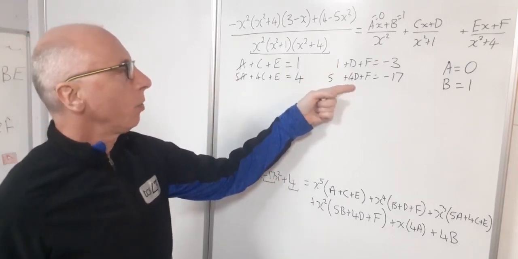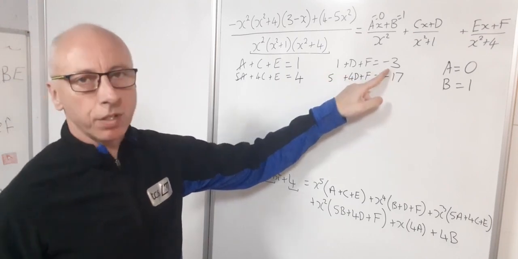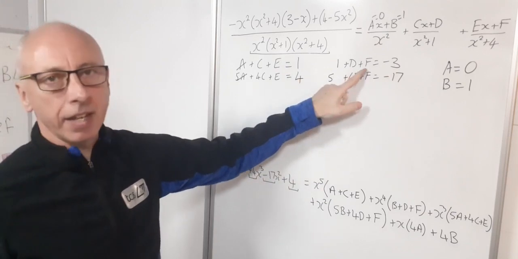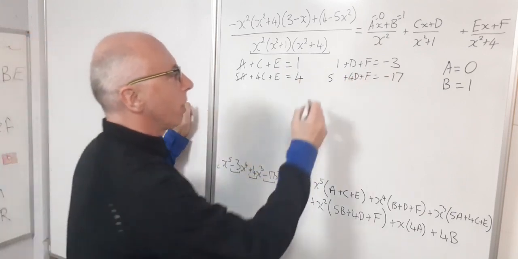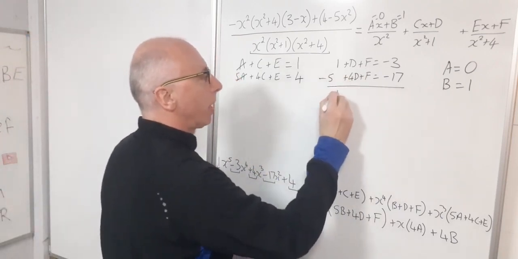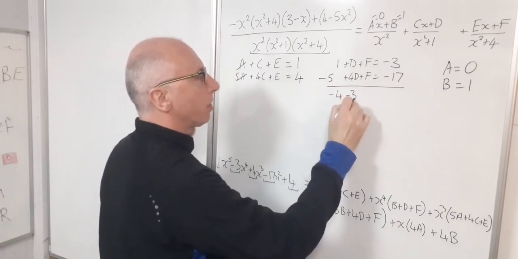So first of all, on this side, instead of bringing my 1 across to here, I'm just going to subtract one equation from the other and get the f to disappear. Straight away, I'll isolate my d. So if I subtract them, 1 minus 5 is minus 4. d minus 4d is minus 3d.